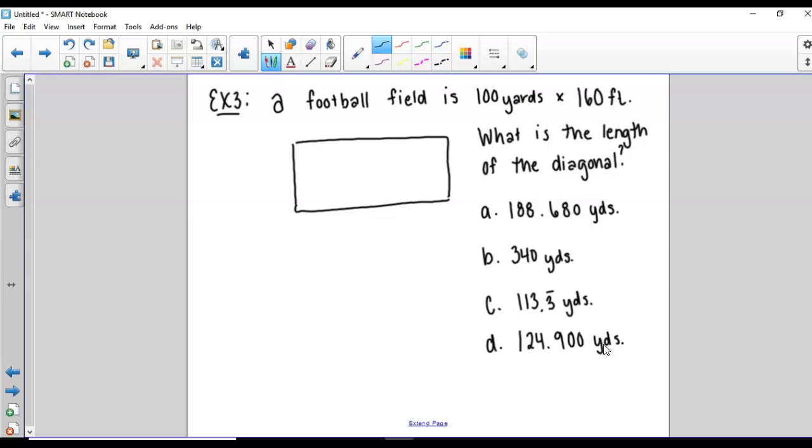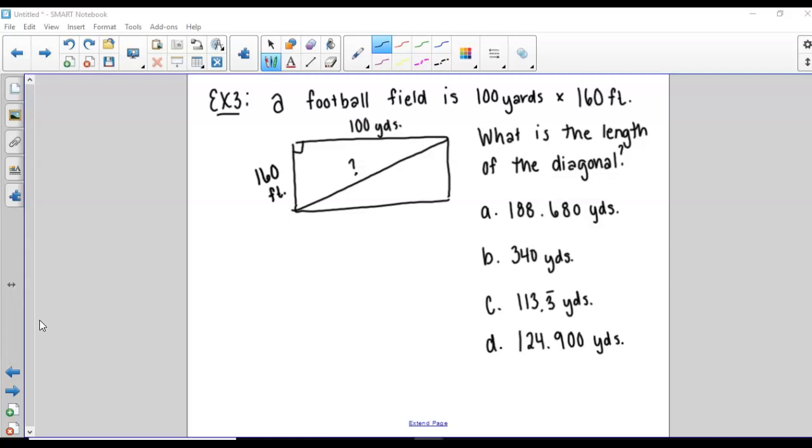All right, do this problem for me. Feet and yards are not the same.